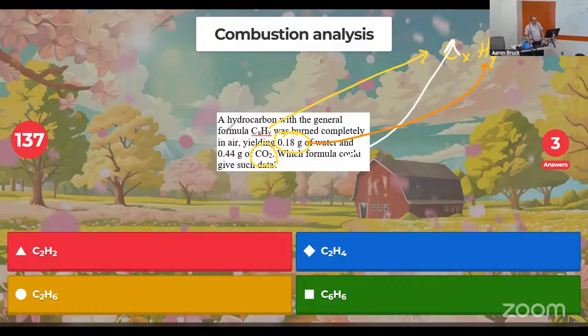So I look at this first number here for the water, 0.18 grams divided by 18 grams per mole. My eyes light up because I go, that's 0.1 moles of water, which means that's 0.2 moles of hydrogen.